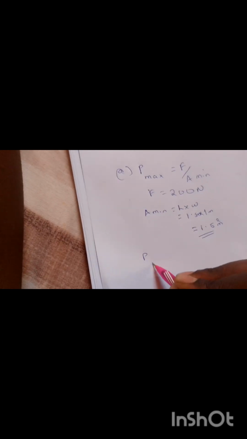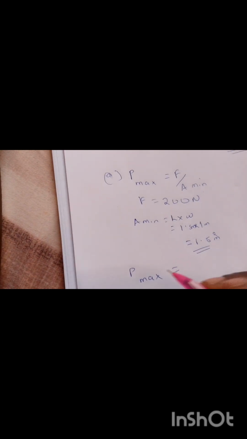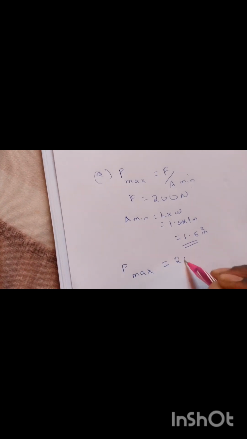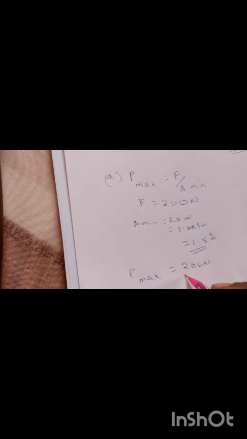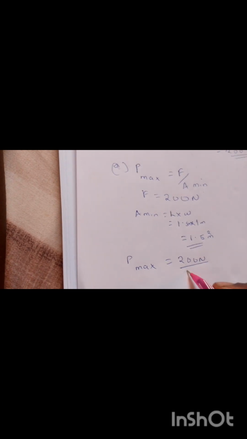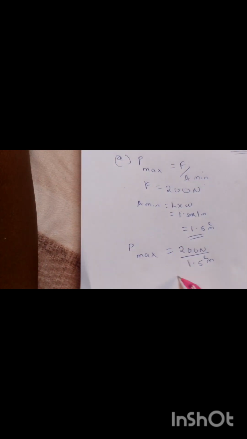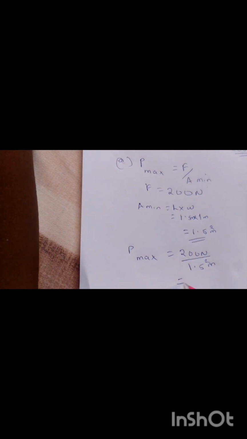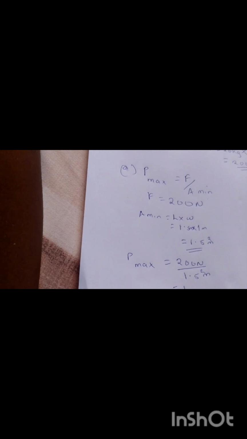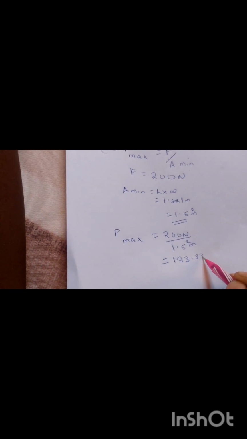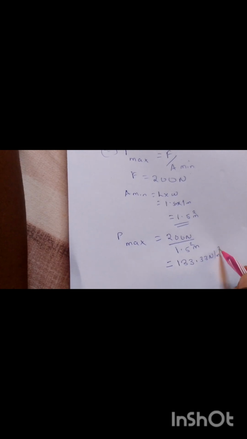Now pressure maximum will be force, which is 200 newtons, out of 1.5 square meters. So when you calculate this, you get that it is 133.33 newtons per square meter. So this is our pressure maximum. Hope we are going together.